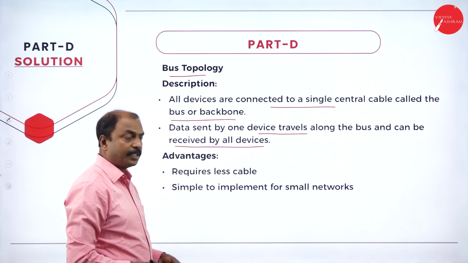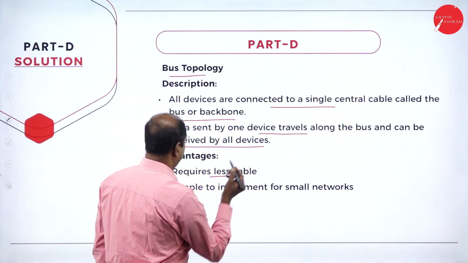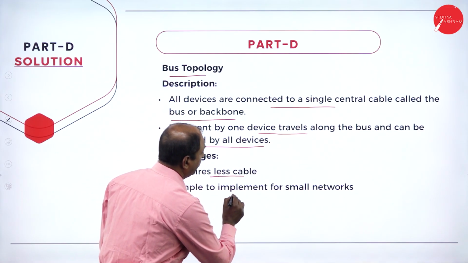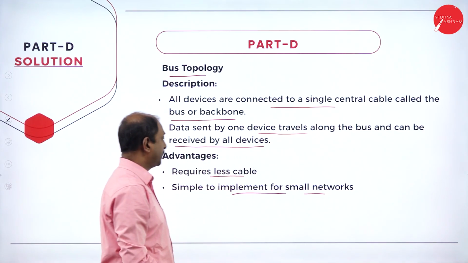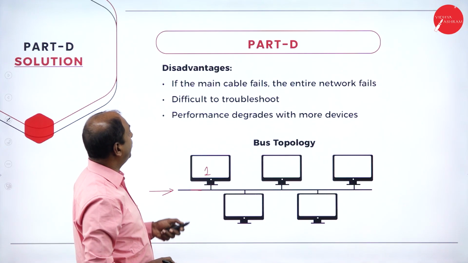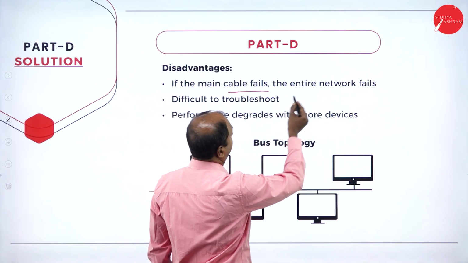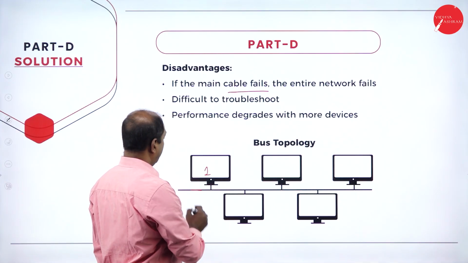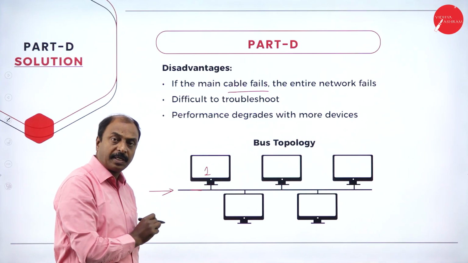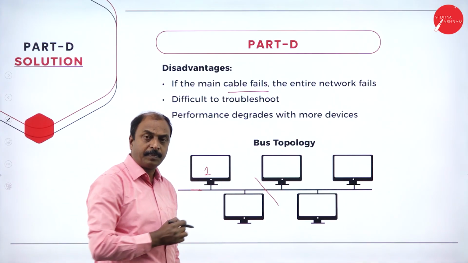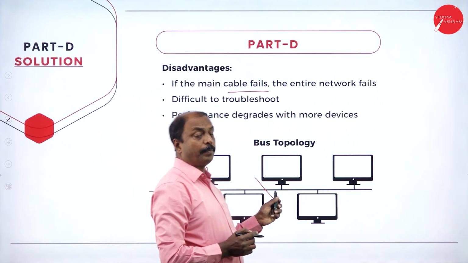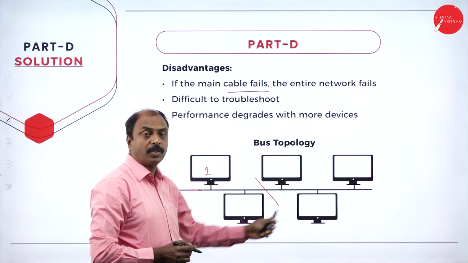Now, what are the advantages of this? Requires less cable and is simple to implement for small networks. These are the advantages. And disadvantages: if the main cable fails, the entire network fails. Means as this is the main backbone cable, any problem with this cable, or if the cable breaks down, the entire network goes down.